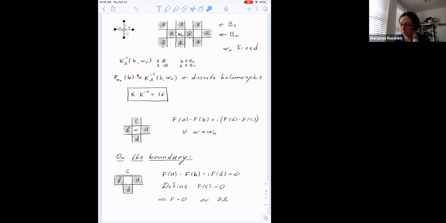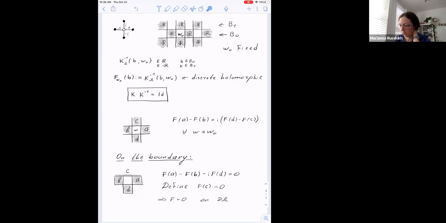Okay, so now let me define the function on black vertices with a fixed white. Let me just think about this object as a one-point function, which lives on black squares.